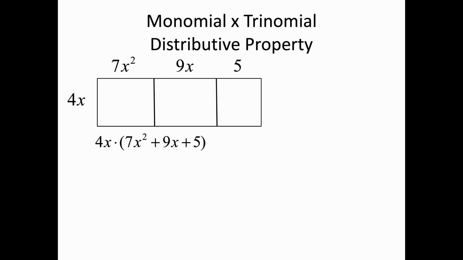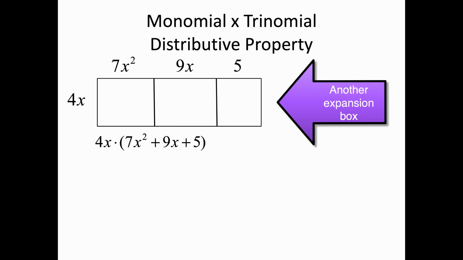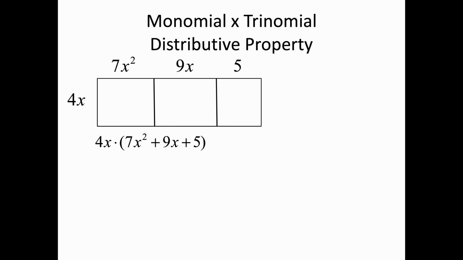Here's another example. The example is shown below the rectangular model, 4x times 7x squared plus 9x plus 5. I'll wait for a moment so that you can figure out what goes in each one of the boxes. The first box should be 7x squared times 4x, which is 28x cubed.